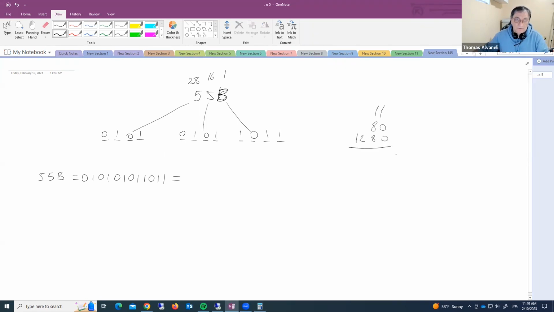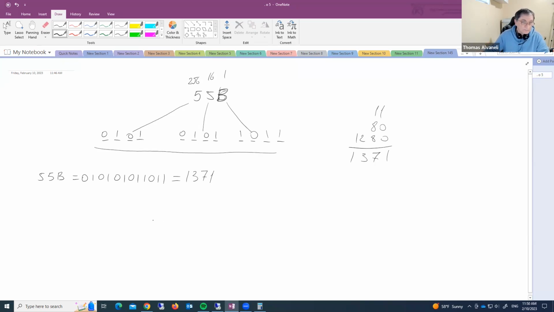Let's add those values: 11 plus 80 plus 1,280 gives 1,371. We translated hexadecimal 55B equals binary 010101011011, which equals decimal 1,371.